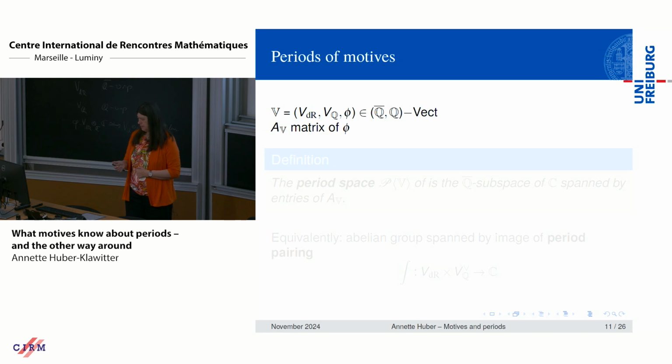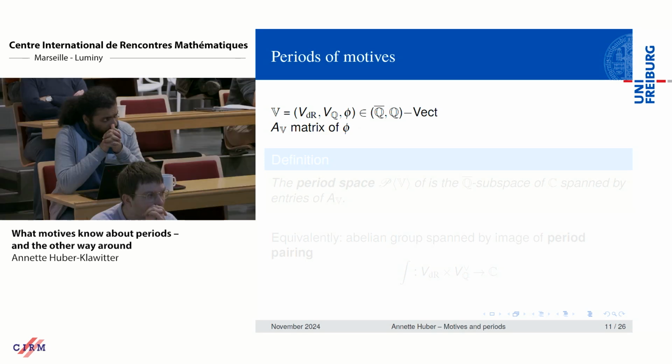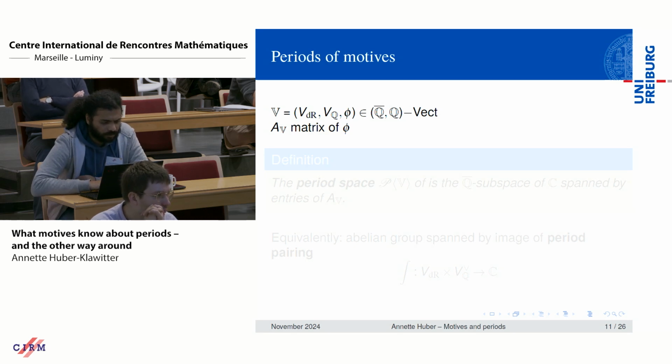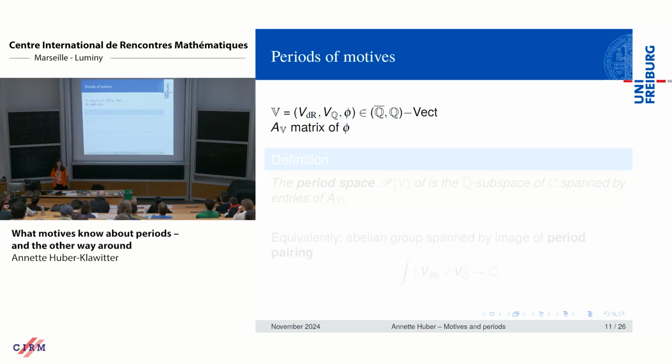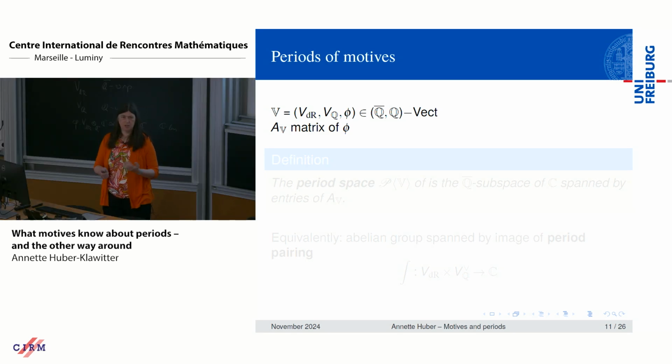Given this data, you can do the following definition. Now we have this isomorphism over the complex numbers, and it's an isomorphism of vector spaces, so it's described by a matrix with entries in complex numbers. In order to write a matrix, you need bases, so you better choose bases in terms of the natural structures that you have. So take a Q bar basis of V-de Rham and a Q basis of VQ, and write a matrix in these terms.